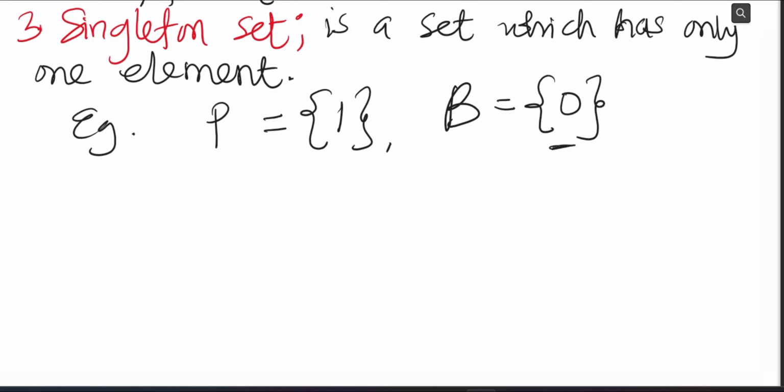The next type of set we are going to have a look at is a pair set. Unlike a singleton set, a pair set has two elements.